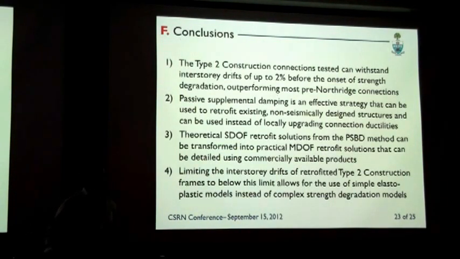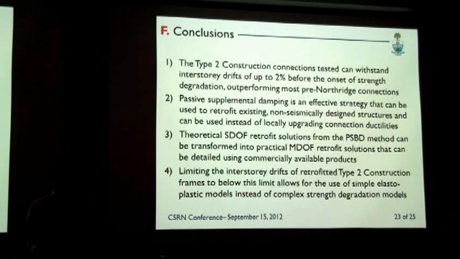And I also showed that passive supplemental damping is a pretty effective strategy to retrofit this generic type of Canadian structure, and it can be used without the need for local connection interventions.